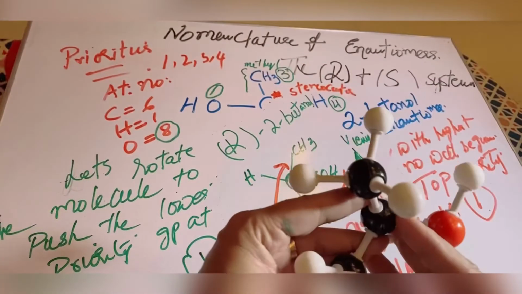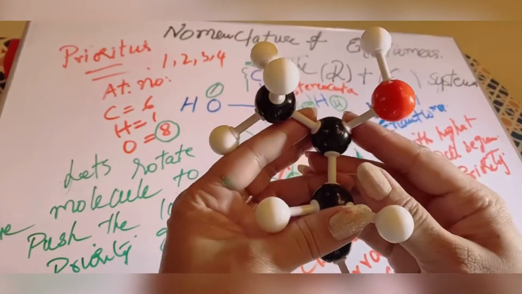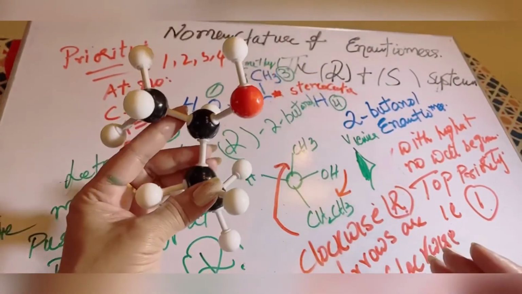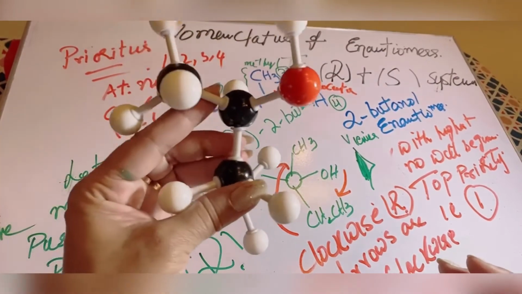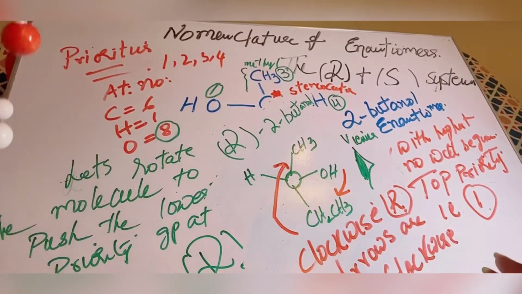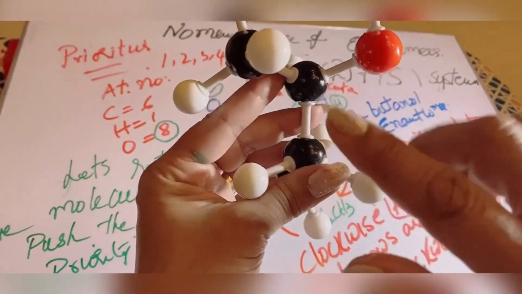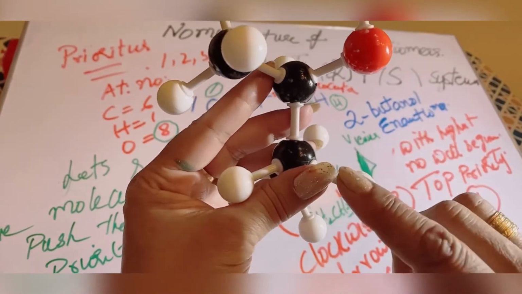Right now, these were the first 4 or 5 rules which I thought I must share, to show you how to give 2-butanol the designation R-2-butanol. So today our goal is achieved, as you have seen in the model how the arrows moved and how we gave the priorities according to the atomic numbers.